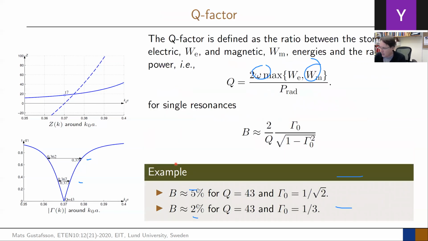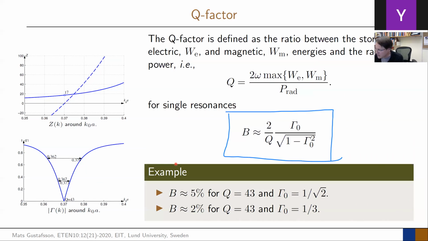If we do the same thing with the Q factor, we can say that for single resonances, we can get the fractional bandwidth from the matching performance and the Q factor. The resonance that we had here before was a Q of 43. So in some ways, we just say what the Q factor of these is instead of saying specifically what the bandwidth is.